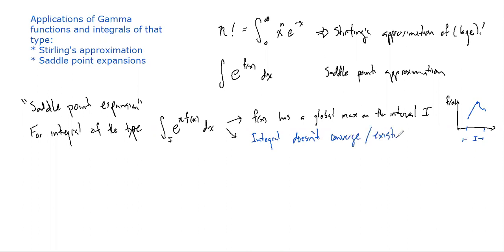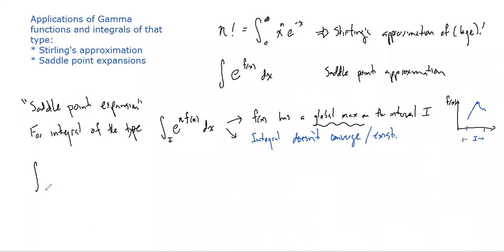So that's kind of an angels-dancing-on-the-head-of-a-pin math class question. So this is not something that we would worry about. Okay, so let's say that f of x does have a global maximum on the interval I, therefore it does exist. What's going to be true, because the exponential is going to be dominated by the behavior of this region around the global maximum.